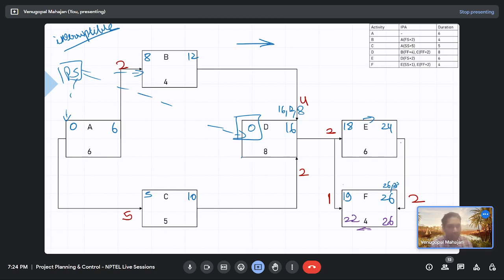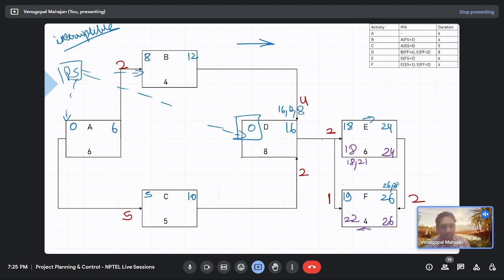No other tail, so 26 minus 2, 24, for this point, start of activity E. It could be 26, 24 minus 6, 18, or 22 minus 1, 21. So the lesser value, 18.